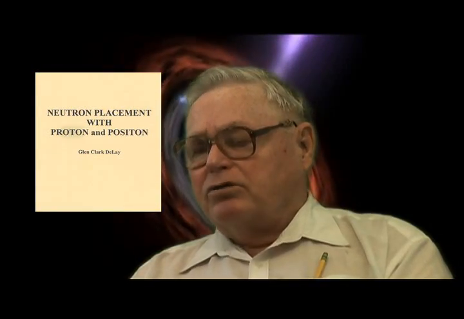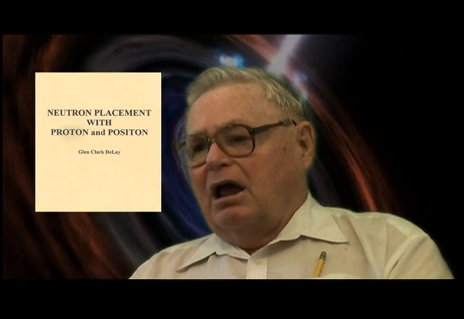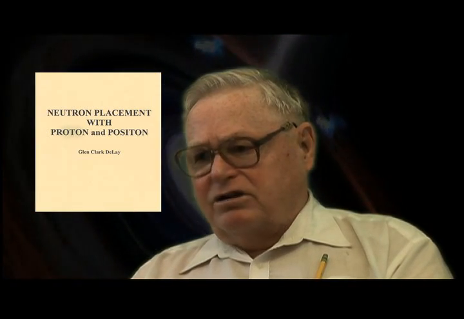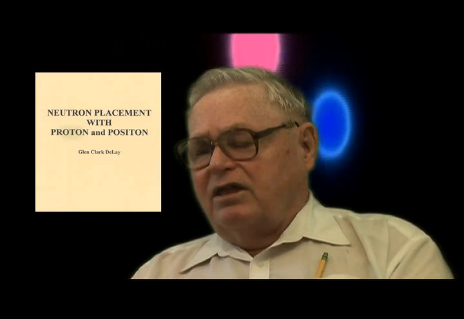Then I go into the third book, which is the placement of the neutron with the proton and positon. The positon I created. There is no word in the chemistry books that references that.